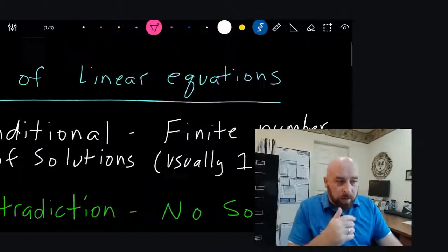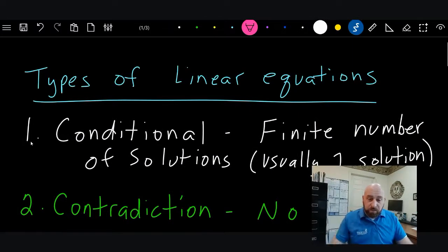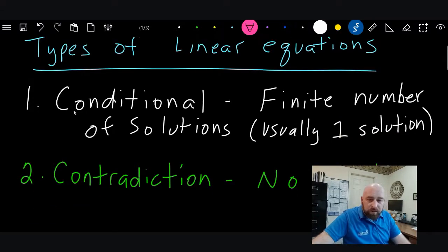All right, let's take a look down here at the board. And by the way, we are on page number 60 in your books. It says types of linear equations. Now, the first one is called the conditional equation. There is a table in your book, Table A. In this book, whenever you see the word table, A, B, C, D, whatever the letter of the table is, it's very important.